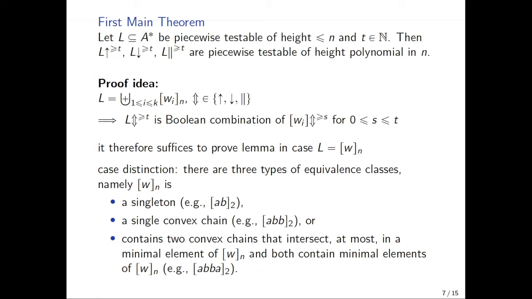Having this classification, one proves the first main theorem, so these closure properties for each of these 3 cases, and then one is done, and I won't explain how to handle the cases one by one. Now, this is the main result for language theorists, and now I'll use it in logic.